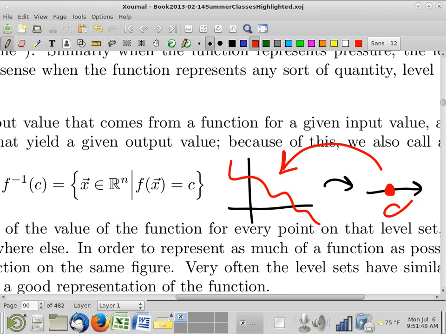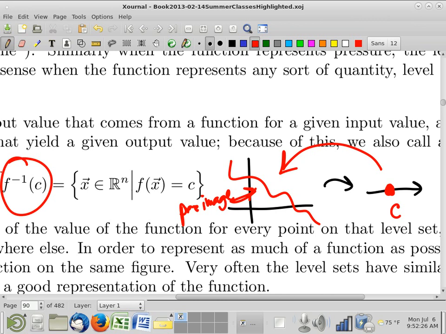So given a c here, this is that level set, and given that you're going backwards through the function, instead of calling this c the image, this then gets called the preimage. It's suggestive of the fact that you're moving backwards through the function. That motivates this notation, f inverse of c. It's a little bit sloppy notation in some sense. This makes it look like the function's invertible. Probably isn't.